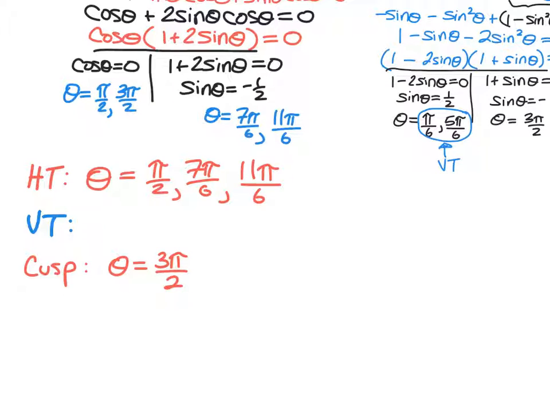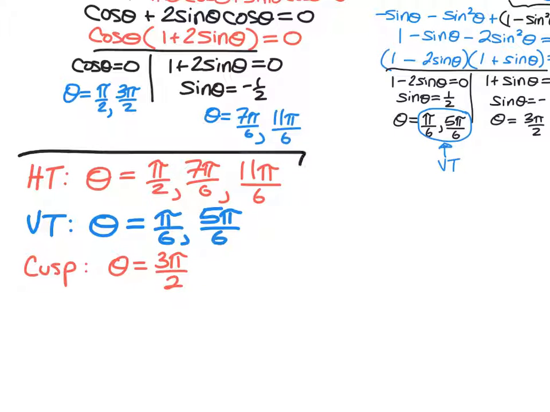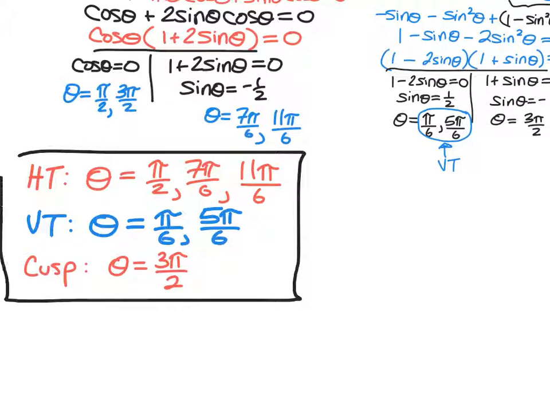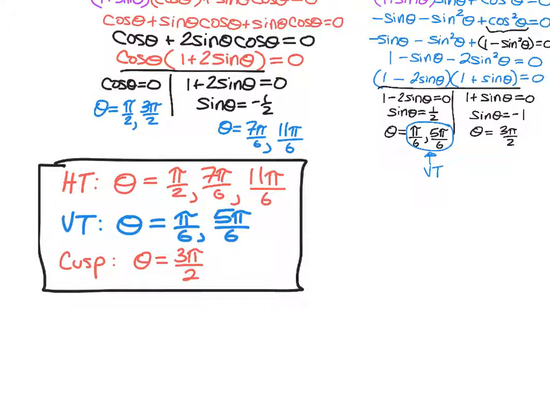So I'm just going to make it very clear that these are the locations of my final answers. And that's really the end of it. Besides, if I wanted rectangular coordinates, this is a little bit of a different story because this polar equation doesn't really lend itself to rectangular function form.